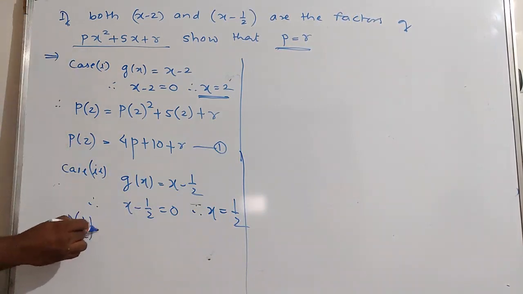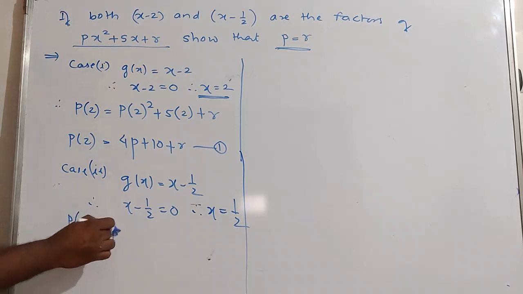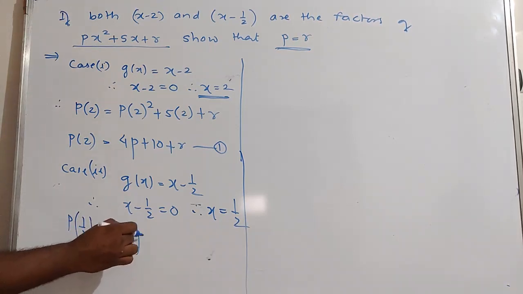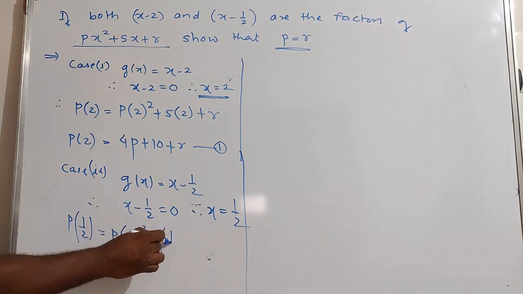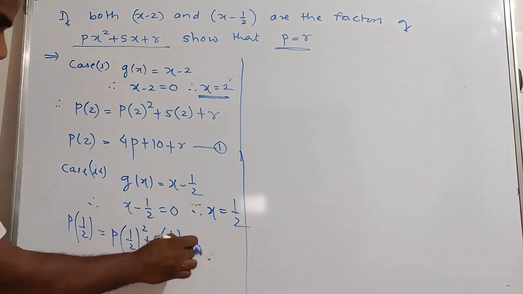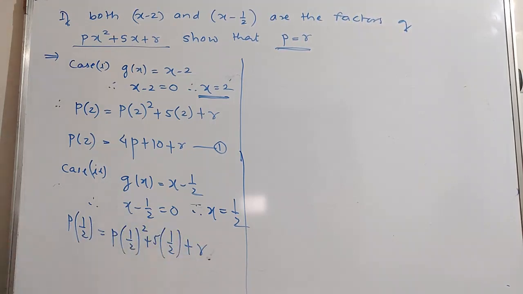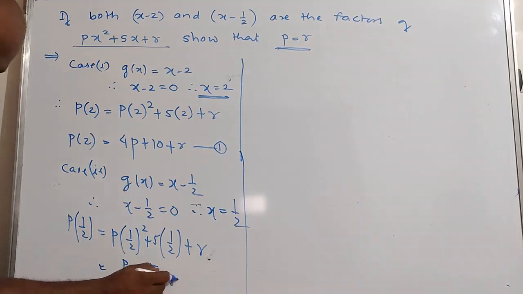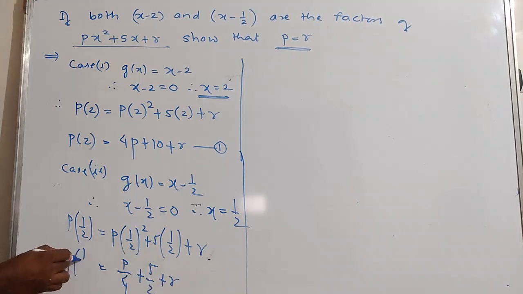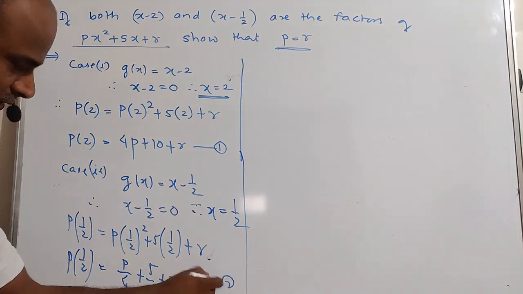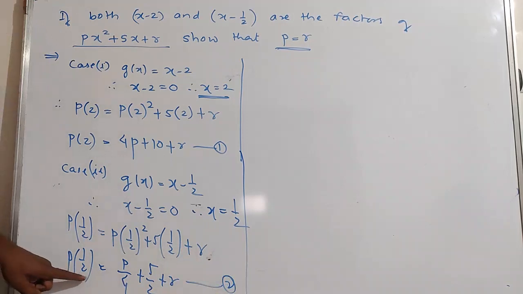So p of 1 by 2 is equal to p into 1 by 2 square plus 5 into 1 by 2 plus r. So this is equal to p by 4 plus 5 by 2 plus r. So this is my second statement here, where I got p of 1 by 2 is this.